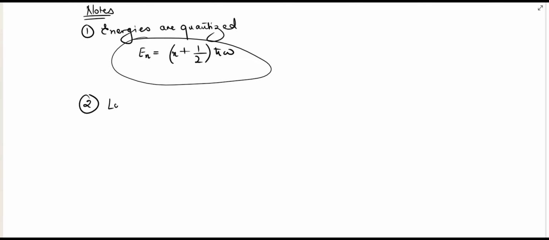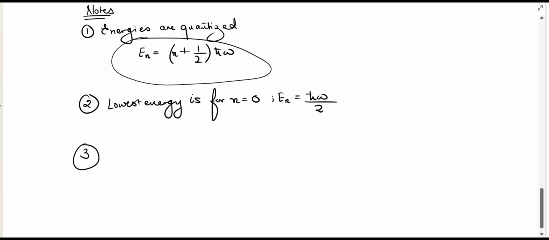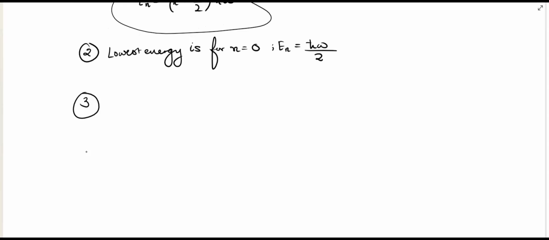Second, the lowest energy is for n equal to 0, and it is given as E_n equal to h bar omega by 2. This is called the lowest energy. The third is that the energy levels in this quantum harmonic oscillator problem are equally spaced.